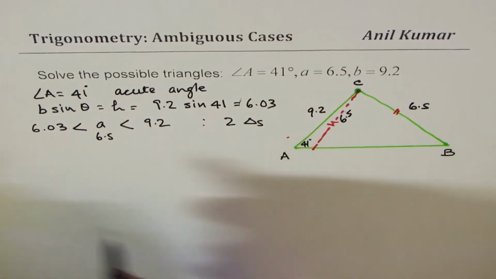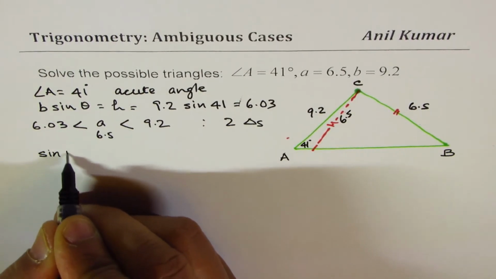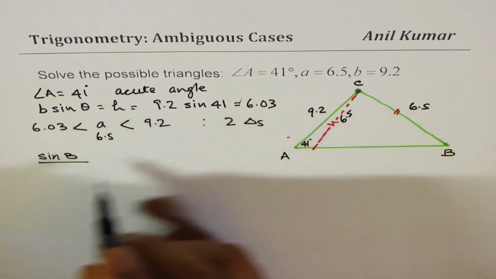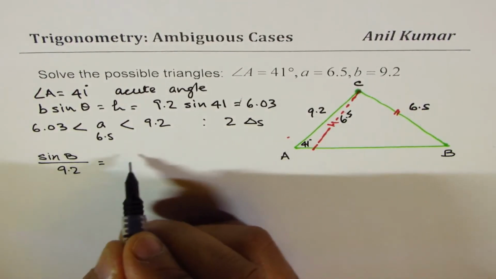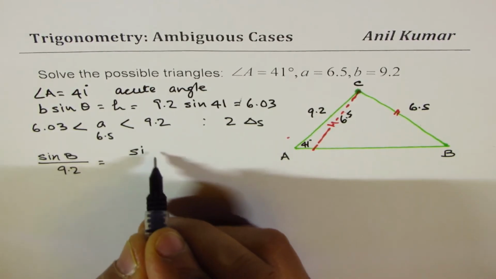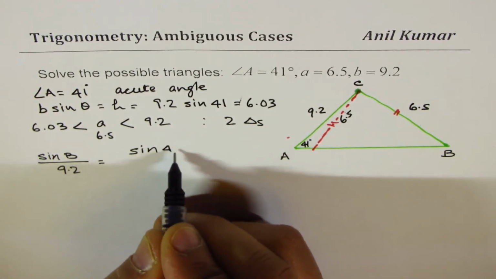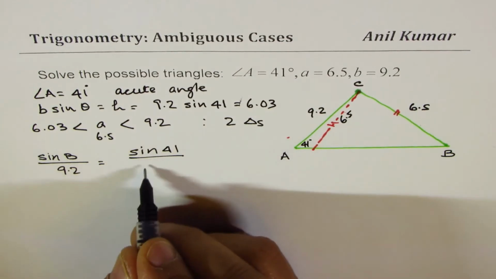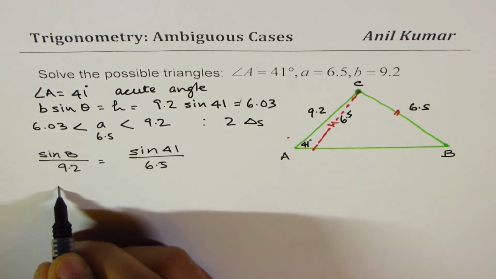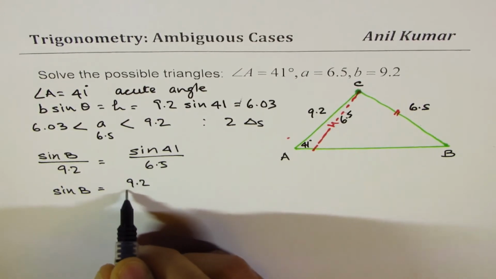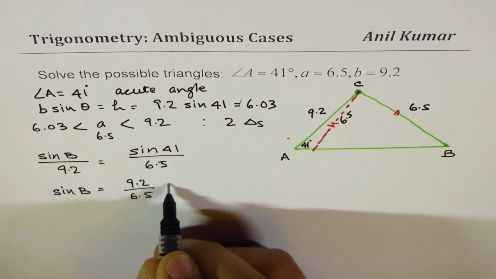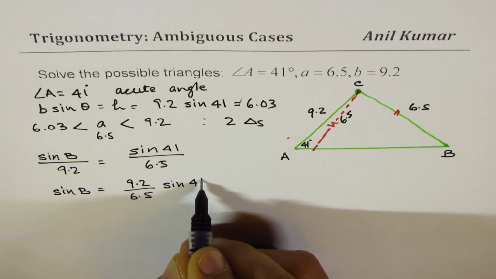Now, we know the situation. Let's find angle B using the sine law. So sine B over side 9.2 should be equal to sine A, which is 41 degrees, over the given side 6.5. So sine B is equal to 9.2 over 6.5 times sine of 41 degrees.